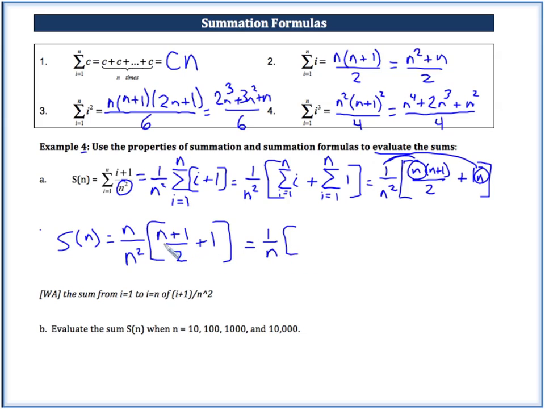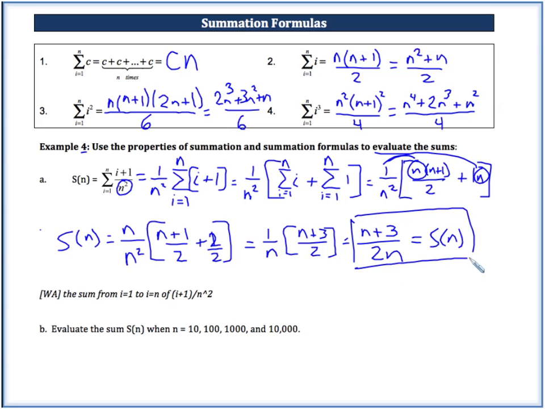And if I wanted to combine these with a common denominator, I would change my 1 into 2 over 2. And so I have n plus 1 plus 2, which is n plus 3, and now it would be over the common denominator of 2. And then I would simply just multiply across. So 1 times (n plus 3) is n plus 3, and then n times 2 is 2n. So right here, this is your S of n. Alright, so even though we didn't know what n was, we could still evaluate our sum.